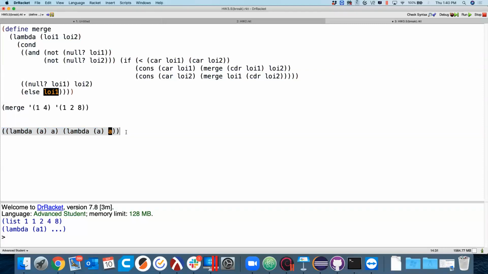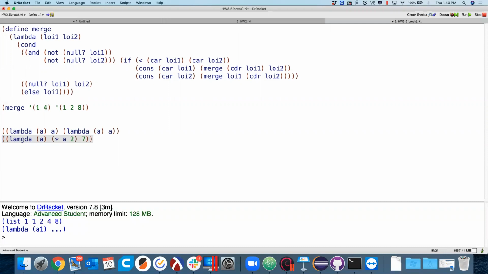And you've seen this before. If I say lambda a, I'll just go back to what I had before to give us a less hamstrung example. And then I pass in a 7 there.